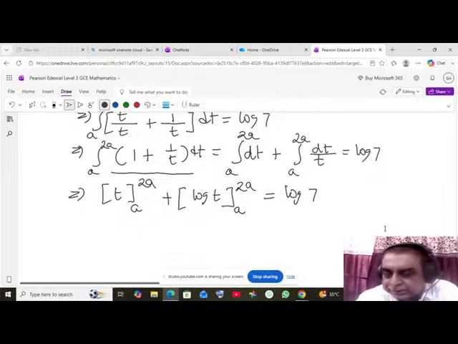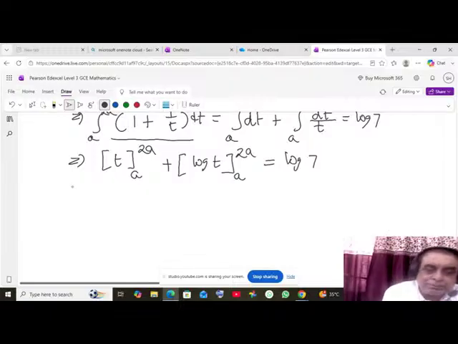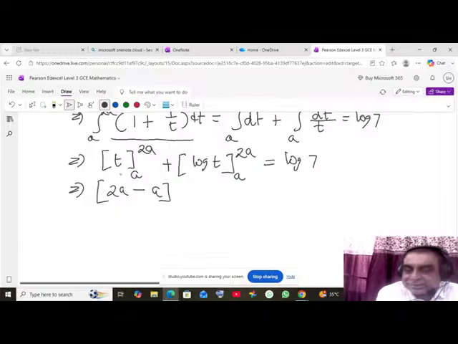Now you simplify it. So how do we write it? In the place of t, first you write the upper limit 2a, then subtract, and in place of t you write the lower limit a. That is the value of this integrand.